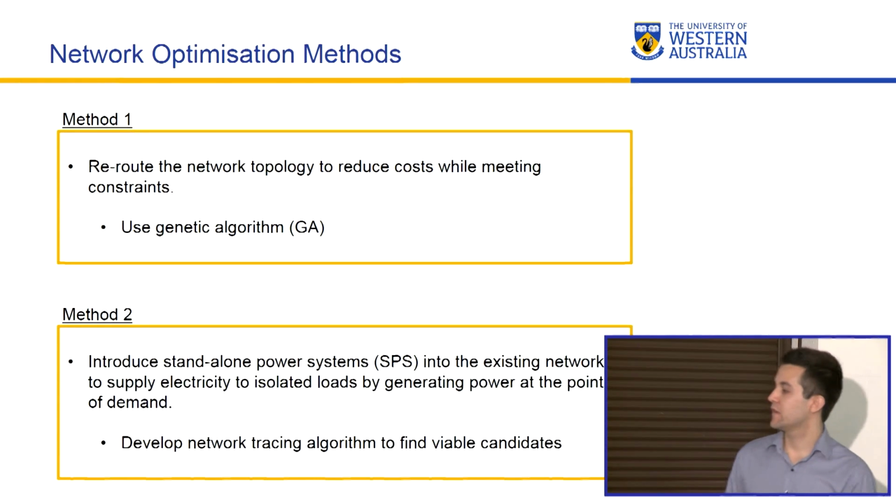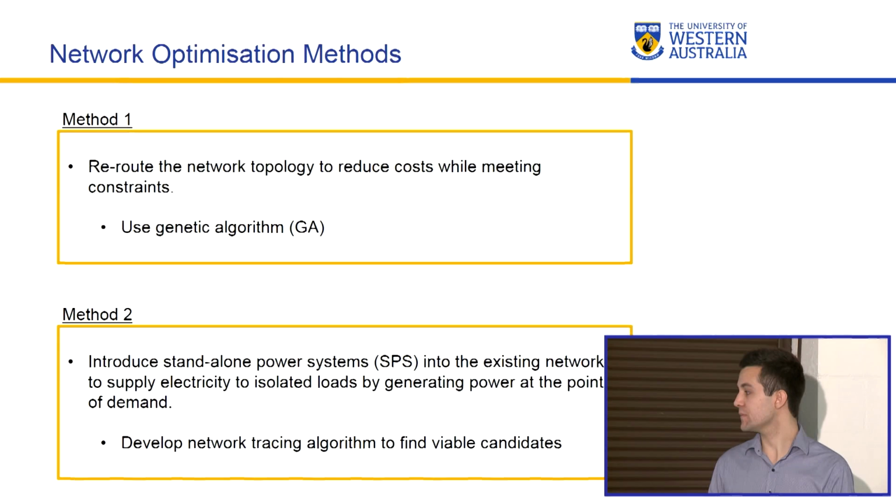The second method looks at standalone power systems, which supply power to customers at their point of demand rather than from the centralized generation source, which is the traditional network model. And to do the second approach, we've developed a network tracing algorithm to find viable candidates.